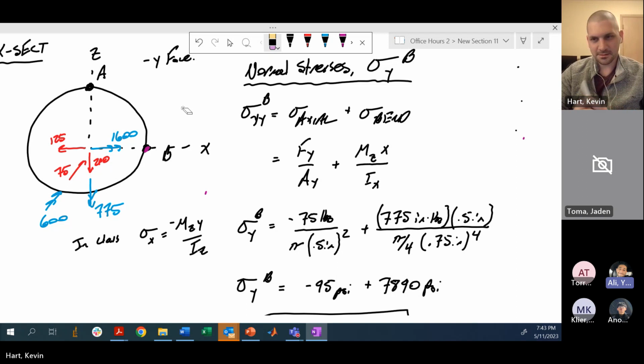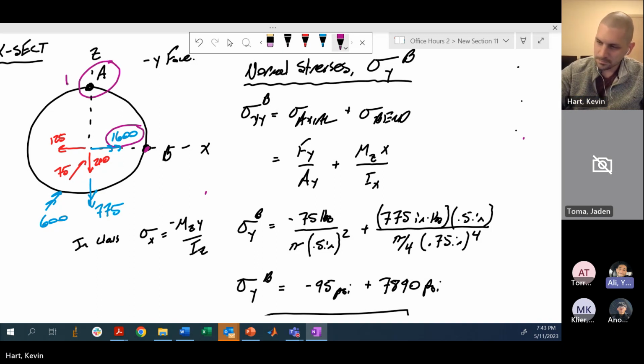Quick question. If we were looking at point A instead of point B, the 1600 moment would put A into the top of the rod in tension, right? Yes. Okay, cool.